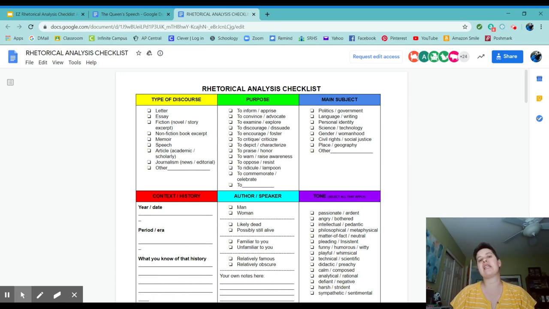This is basically just a different way of doing SOAPSTone or SPACECAT, as we have done SPACECAT in the classroom. So this is just another tool or checklist that you can use in order to break down speeches and passages of text. So we're going to look at this piece by piece.